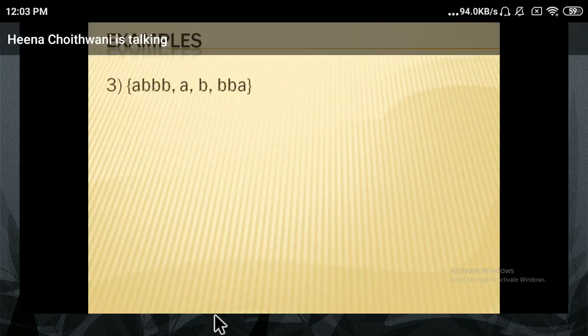Let's look at the third example. Our language has A triple B and a singleton set A, then we have B, then we have double B A. Can you tell me the regular expression for this?